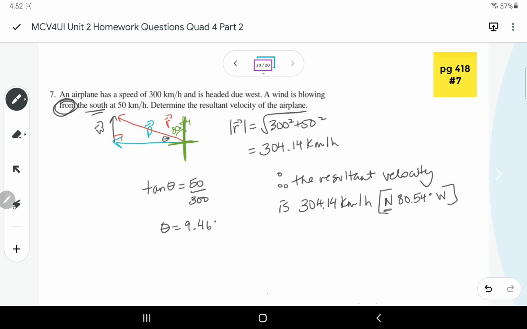So always starting from north or south, you wouldn't say west 9 degrees north. You always want to start from the north or the south. That's the communication convention there. Okay. Any other questions?